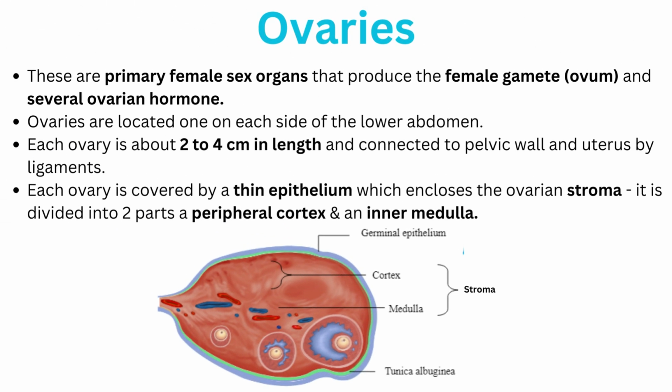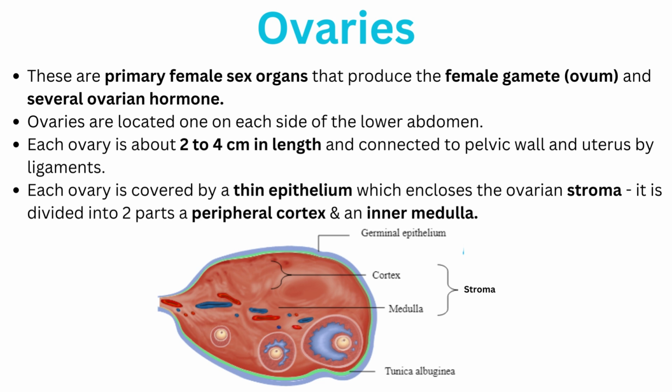Now we are coming to ovaries. What are ovaries? These are primary female sex organs that produce the female gametes, called ovum, and several ovarian hormones. Ovaries are located one on each side of the lower abdomen. Each ovary is about 2 to 4 cm in length and is connected to the pelvic wall and uterus by ligaments. Each ovary is covered by a thin epithelium which encloses the ovarian stroma.